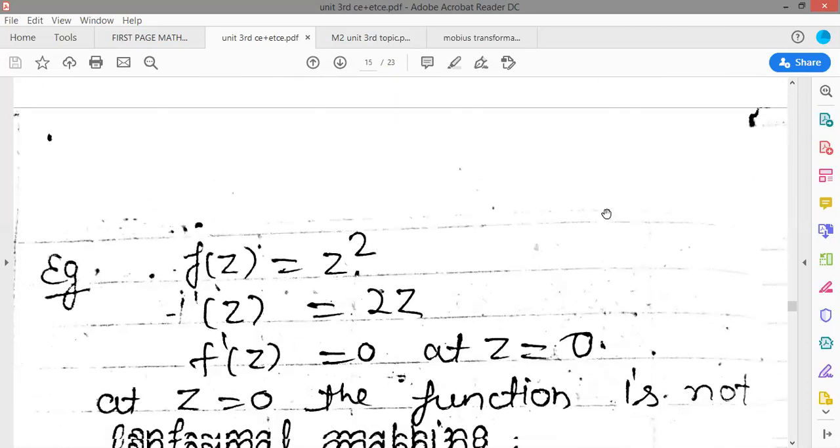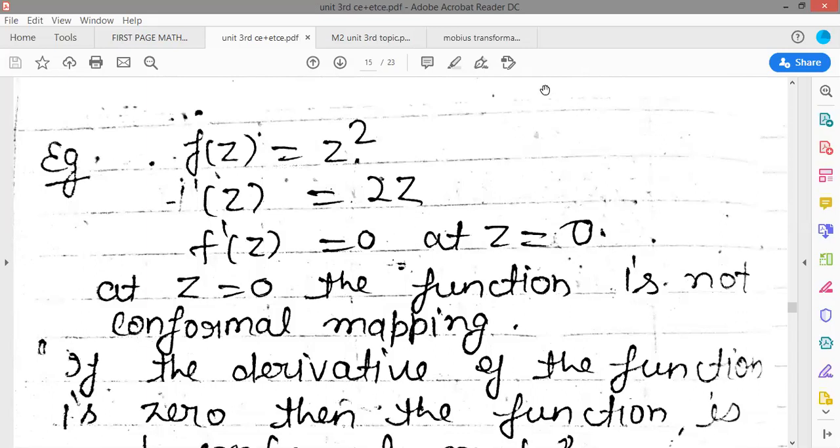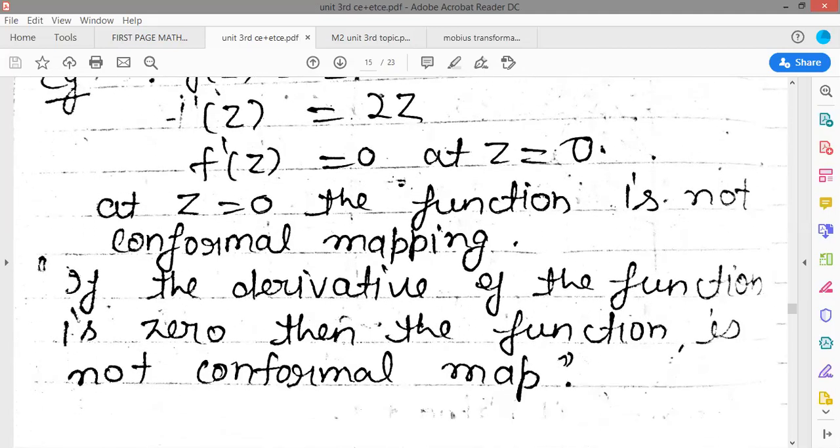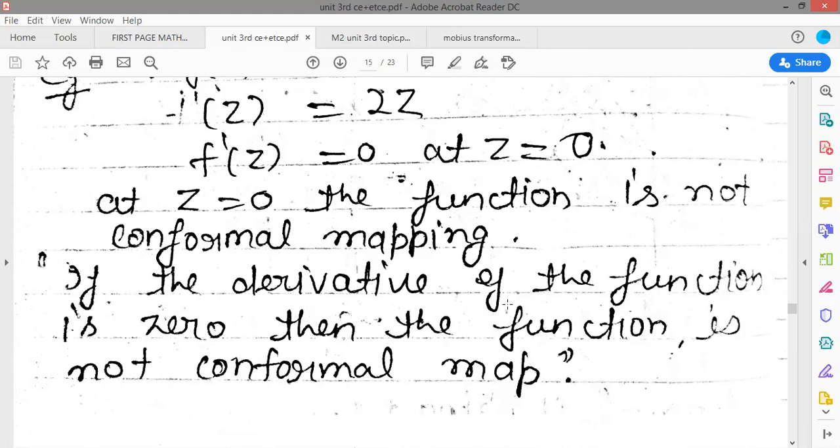That means you are just changing one plane into another plane. There is an example here: f(z) is equal to z square. So find f'(z), which is equal to 2z. So f'(z) is equal to 0 at z is equal to 0. So at z is equal to 0, the function is not conformal, because if the derivative is 0, you cannot define any magnitude or direction.